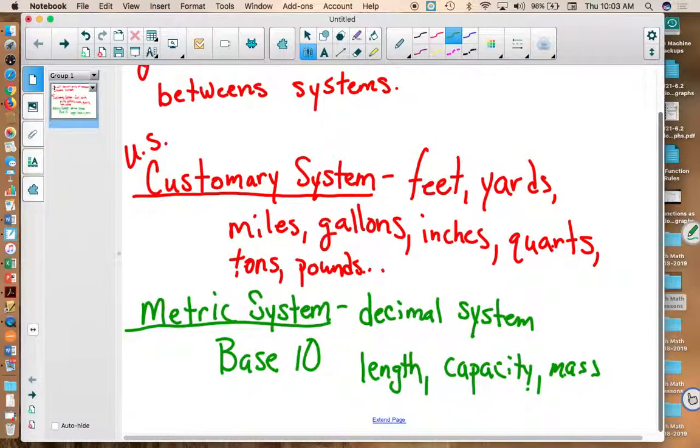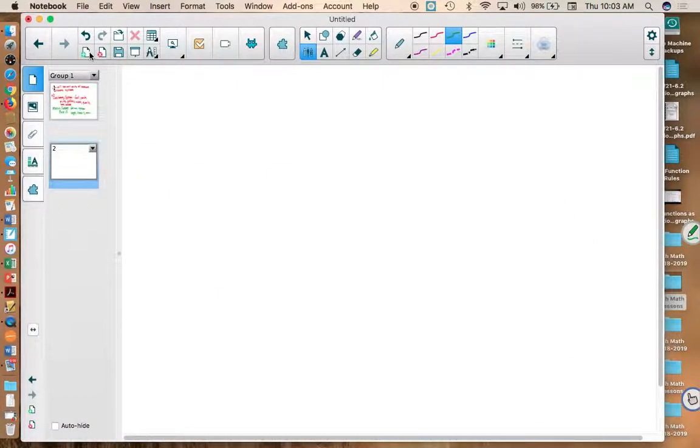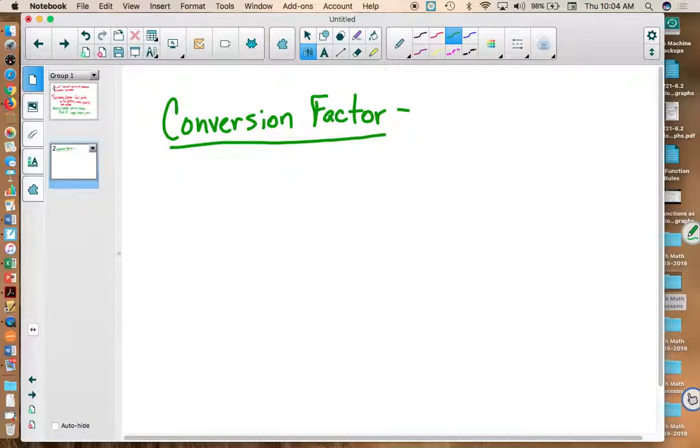Now, there's been a term that I've been throwing around quite a bit, and when we look back at the goal of what I said, you will convert. What does it mean to convert? You have to have what we call the conversion factor. Anybody know what a conversion factor means? What do you think there?